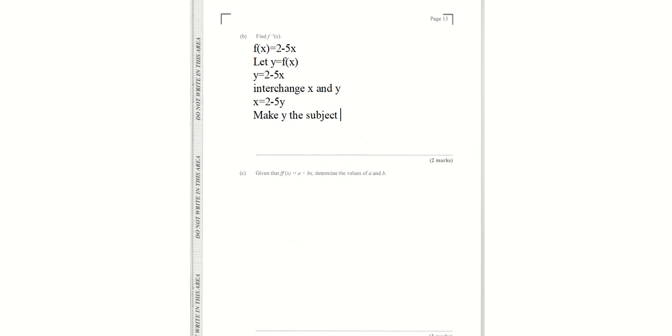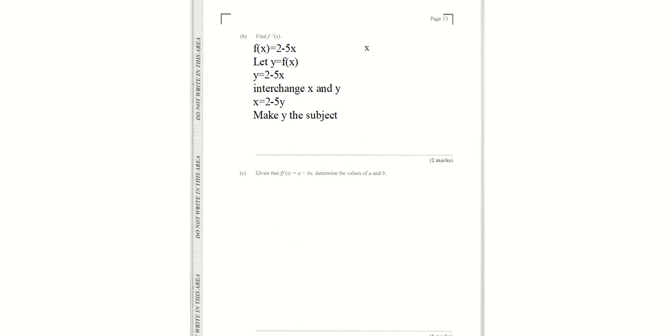Now, whenever we have to make something the subject, we go backwards from BODMAS. What I mean by backwards from BODMAS is the last thing in BODMAS, subtraction. Is there subtraction? There is. I'm going to carry that across. Whenever you carry something across, it'll be the opposite.